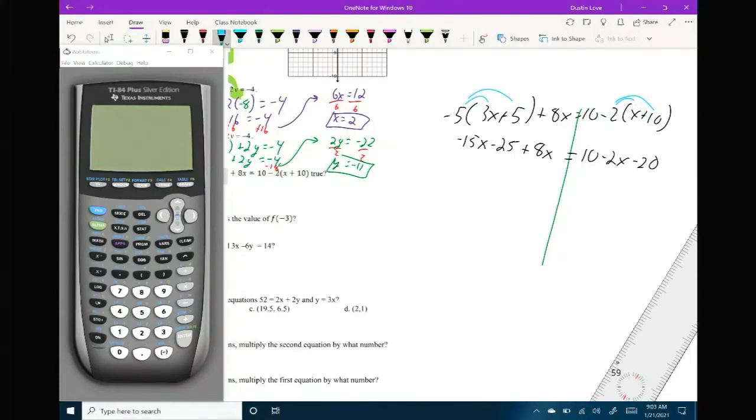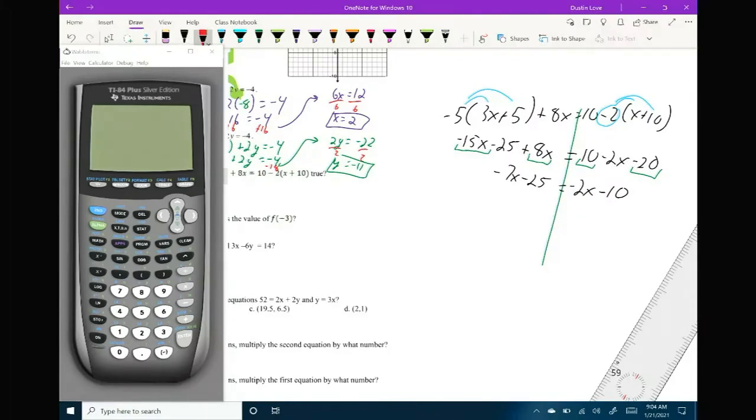On that one, make sure that you're distributing the negative along with the 2. Now we're going to combine like terms. Over here on the left, I've got the negative 15x and the 8x, which combine to be negative 7x minus 25. Over here on the right, I've got the 10 and the negative 20. That'll be negative 2x minus 10.